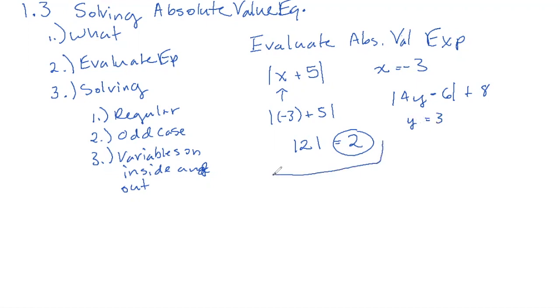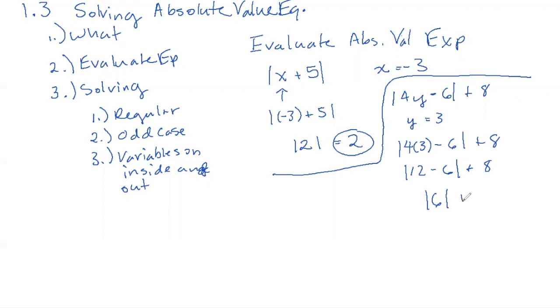Well, what we would do in this instance is we would say, okay, I'm going to plug in 3 for y, so I'll have |4 times 3 - 6| + 8. 4 times 3 is 12, minus 6, plus 8. And then 12 minus 6 is just 6. The absolute value of 6 is 6, plus 8, and we get 14. All right, so far it's been pretty simple.